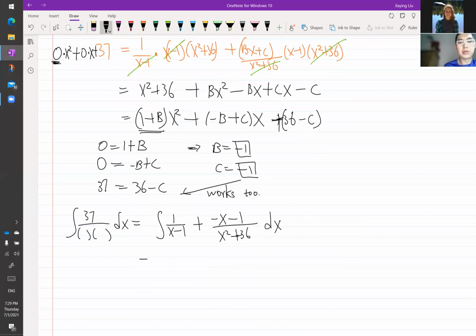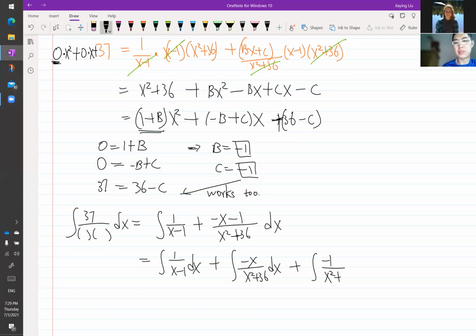And then we can integrate each one separately. When we integrate the second term, you might want to separate it as negative x over x squared plus 36 dx, and then negative 1 over x squared plus 36 dx.